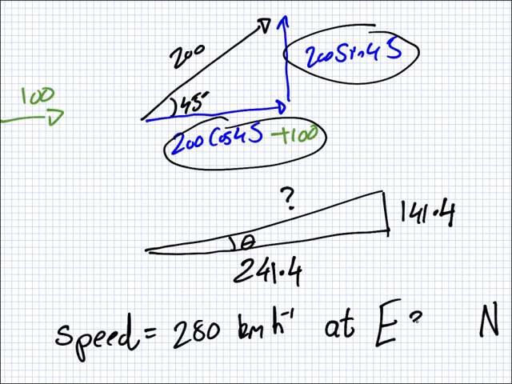Yeah, it should be less than 45 now. Shouldn't it be north of east? Yeah, you could write 30.4 north of east. It's the same meaning as east of north.